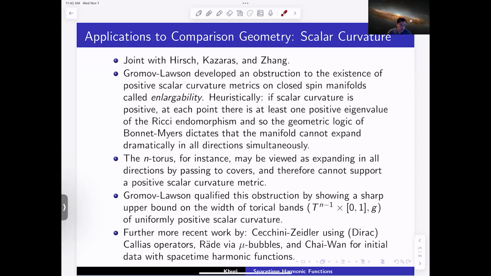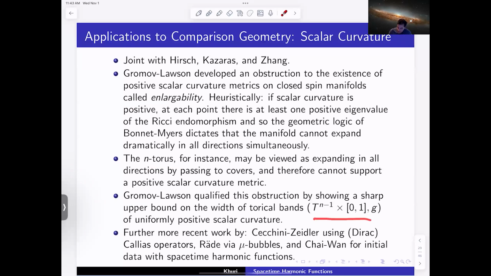This is an obstruction to positive scalar curvature, and the heuristic is that if you have positive scalar curvature, you should not be able to pass to covers that extend in every direction an arbitrarily large amount, because based on the heuristic of Bonnet-Myers, the manifold should contract, or be small, in at least one direction. So, for instance, this is the heuristic reason why the torus does not admit positive scalar curvature.